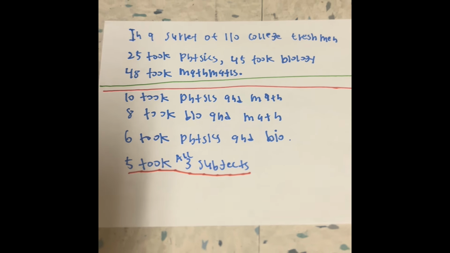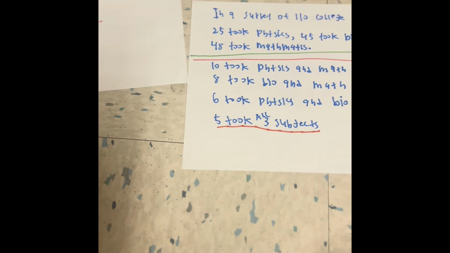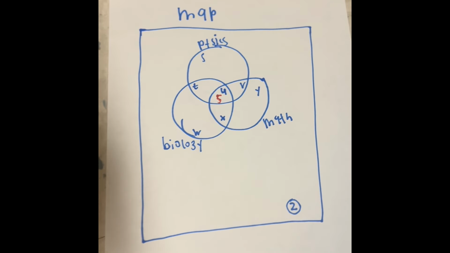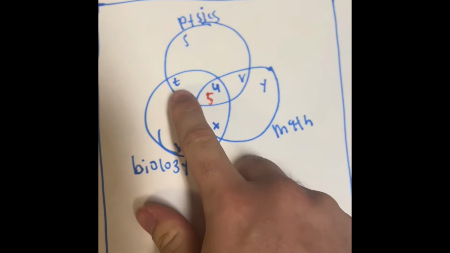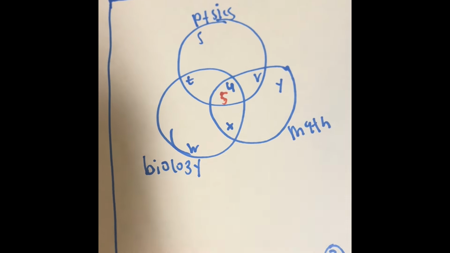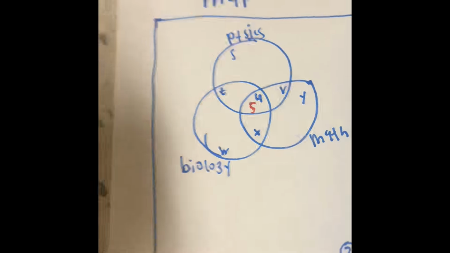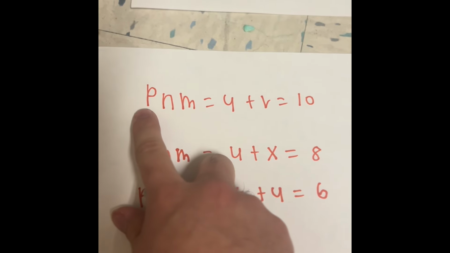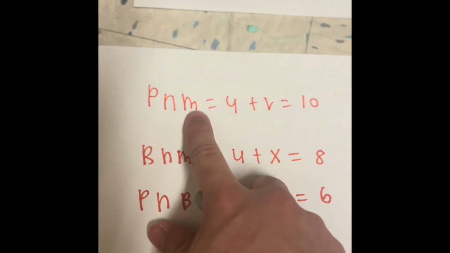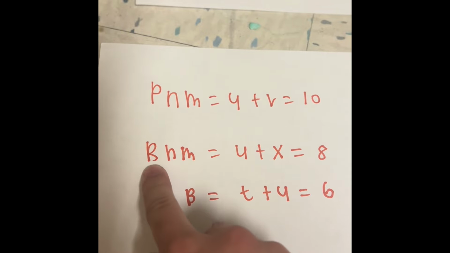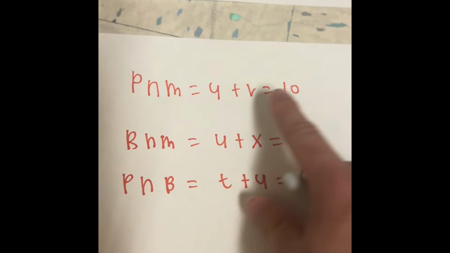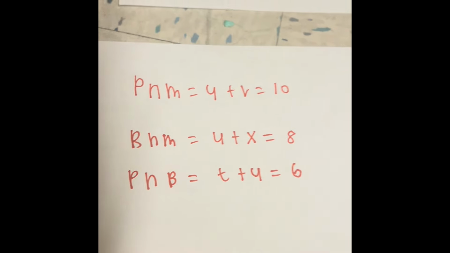So what we can do over here is we can set up the equations to help us define what is T, what is U, and what is the letter X of the 5. So right over here are some equations, where P represents physics, M represents mathematics, and B represents bio. We already know that 10 took physics and math according to the Venn diagram.